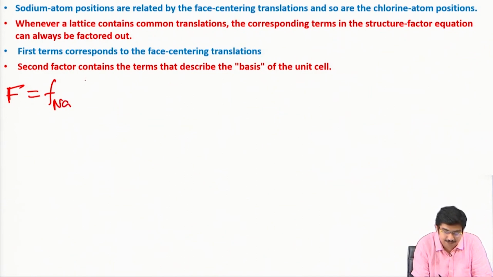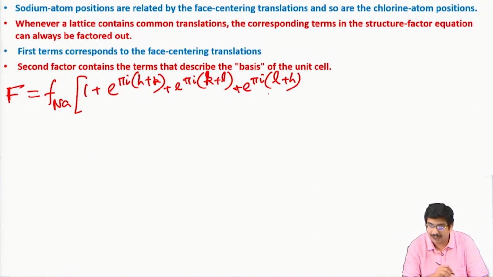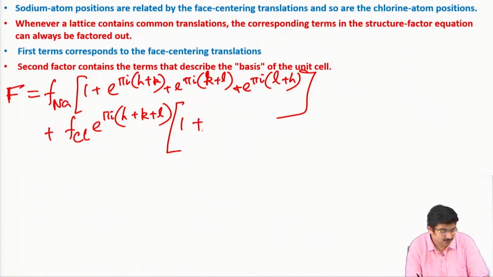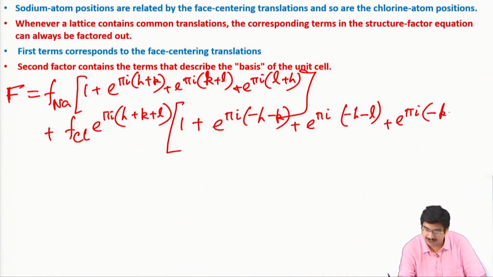We will not touch the sodium part, we will write the same thing, that is e^(πi(H+K)) plus e^(πi(K+L)) plus e^(πi(L+H)). For the chlorine part, we take a common factor e^(πi(H+K+L)) out, and what will be left is 1 plus e^(πi(-H-K)) plus e^(πi(-H-L)) plus e^(πi(-K-L)).